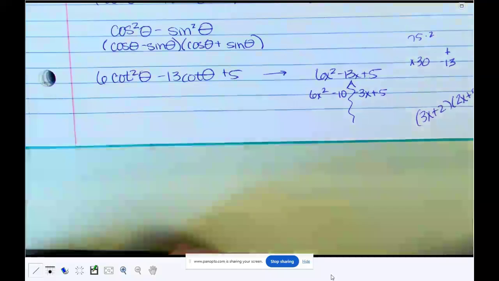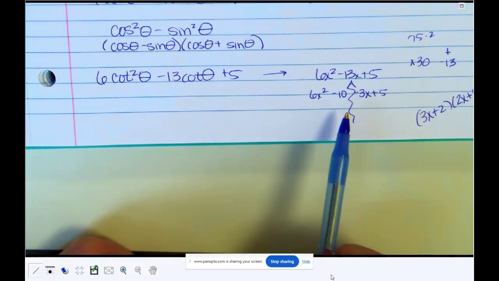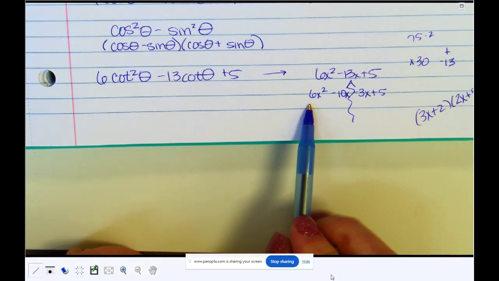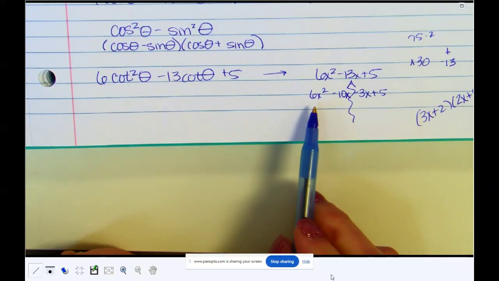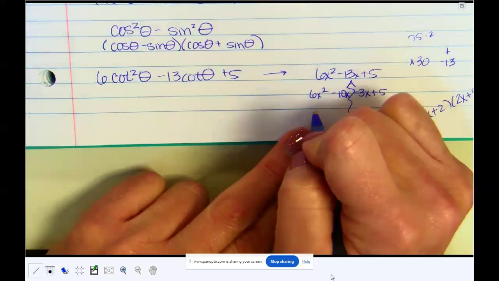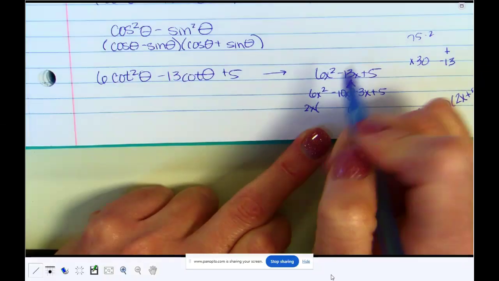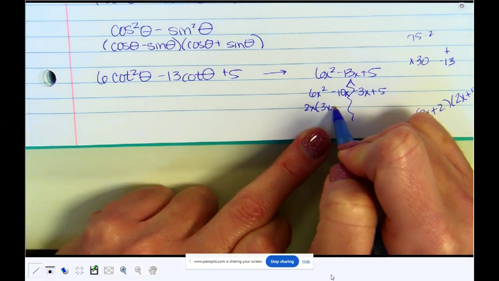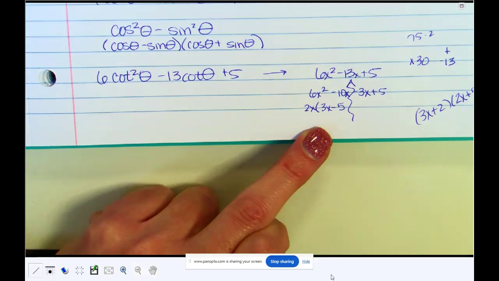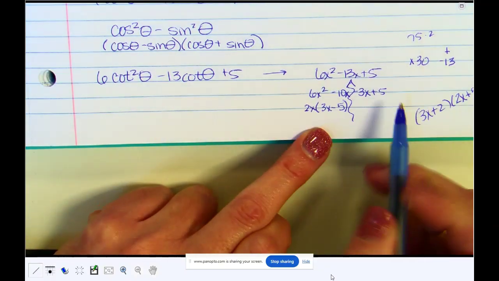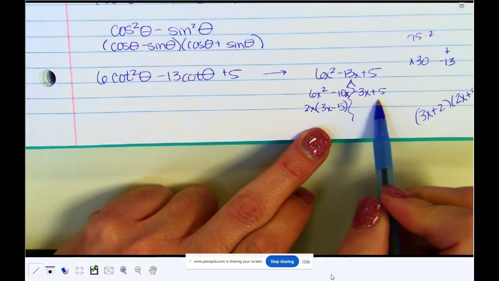Okay, this is a good one to talk about. Whoops, this x. Okay, what are you gonna take? It's Monday morning. I'm cutting you some slack. It's fine. You take 2x out. And that leaves you with what? 3x minus 5. Correct. Now, I cannot leave this because this is currently 3x plus 5. It's -3x plus 5.